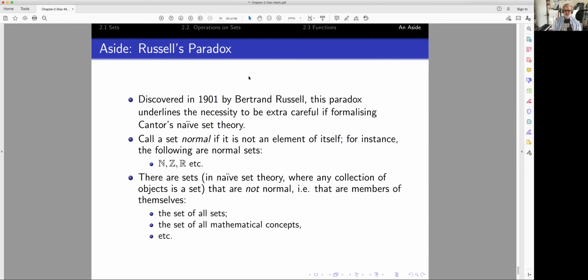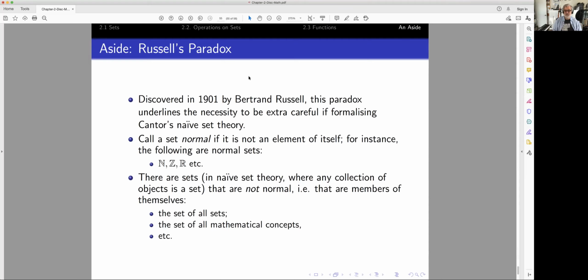Here's what you have to be careful with. Suppose that, like we did, we can just say a set is anything with elements in it, and that's it, right? So let's consider the following notion of a set being normal. I'll say a set is normal if it's not an element of itself.